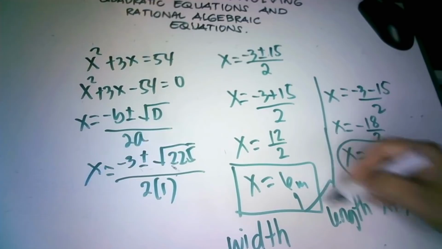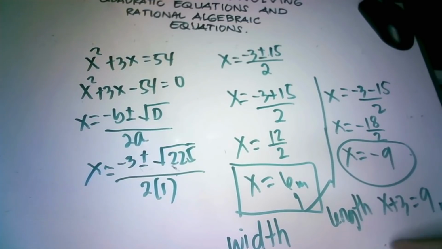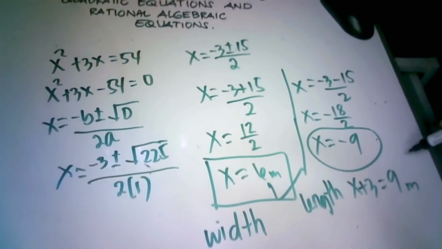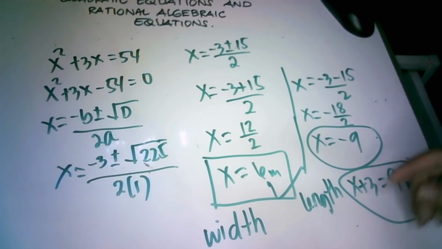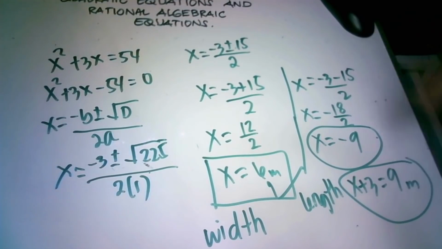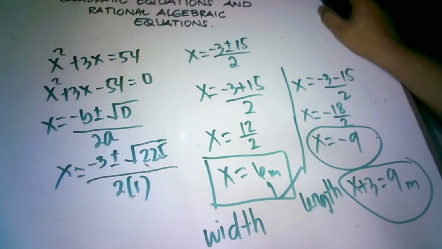So the width is 6 meters, and the length is x plus 3 because it is 3 meters longer than the width. Therefore the length is 9 meters. If we multiply 9 times 6, that equals 54, so 54 square meters. So it is clear that a word problem can be solved if you can translate it into a mathematical sentence.